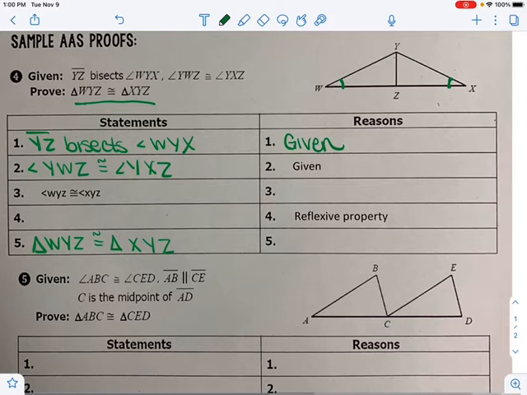So this angle right up here is congruent to angle XYZ, the other angle at the top. And if I look at my previous statements, I am told that this line right here is bisecting the entire angle. So because that is being bisected, we are using the definition of bisect.